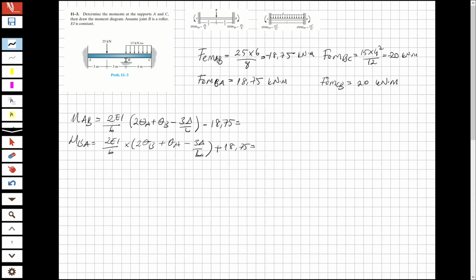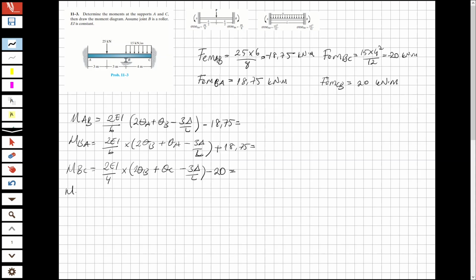Now you can see for the moment BC, that will be 2EI over 4, because the length of BC is 4, times 2 theta B plus theta C minus 3 delta over L, and that will be minus 20, because I told you the clockwise direction is positive and counterclockwise is negative.